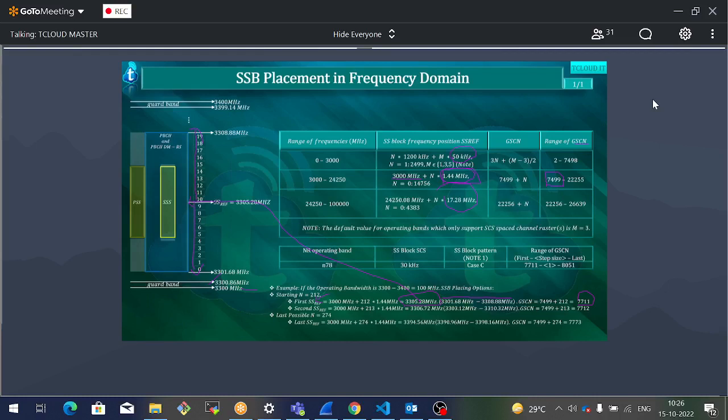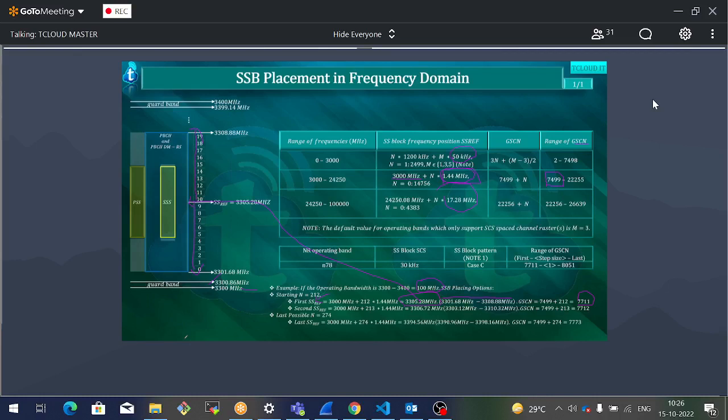Like this, by skipping every 1.44 megahertz, you will have a lot of opportunities. If your operating band is 100 megahertz, in that 100 megahertz you will have a lot of opportunity to place this SSB. Now, the operator decides where to place it. You can decide to place it at the starting. But even at the starting, you cannot directly place it at the start.